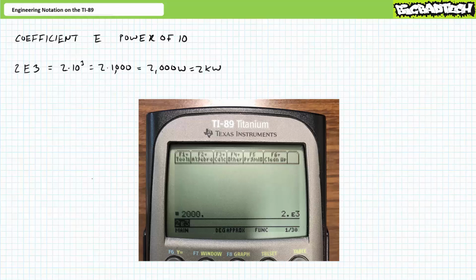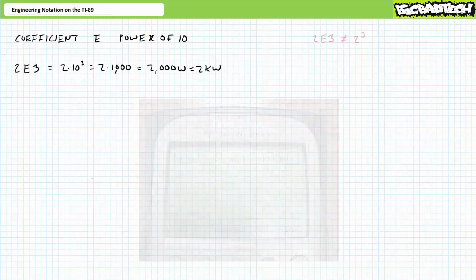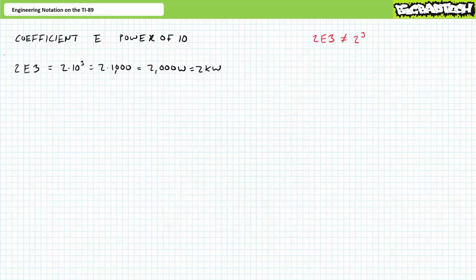Here are 3 totally wrong interpretations of engineering format. First, 2E3 does not mean 2 raised to the third power. 2E3 means 2 times 10 to the third, or 2 times 1,000, or 2,000 watts, or using engineering prefixes, 2 kilowatts. Second, 2E3 does not mean 2 times e, notice the lowercase e, raised to the third power.